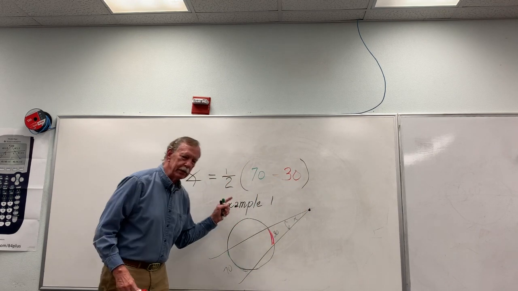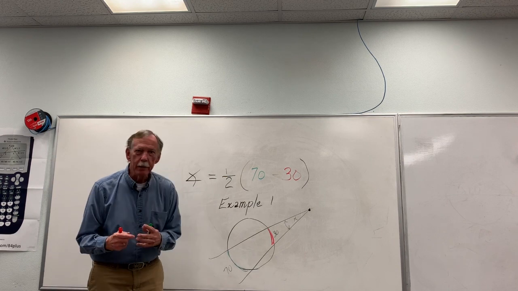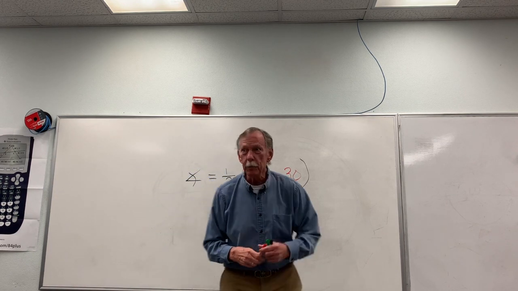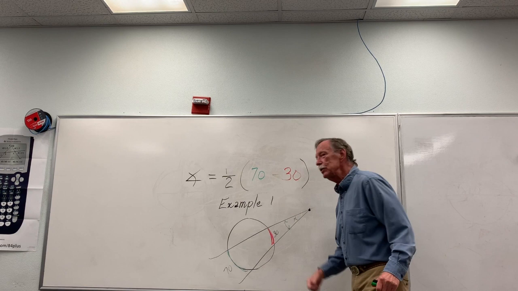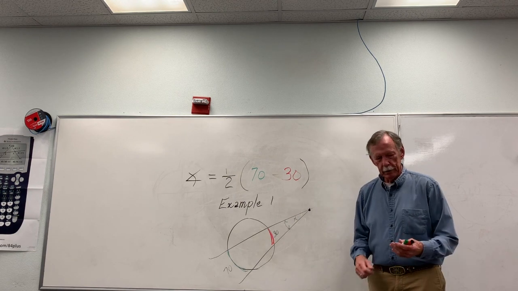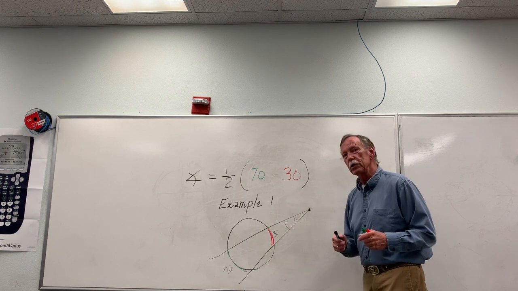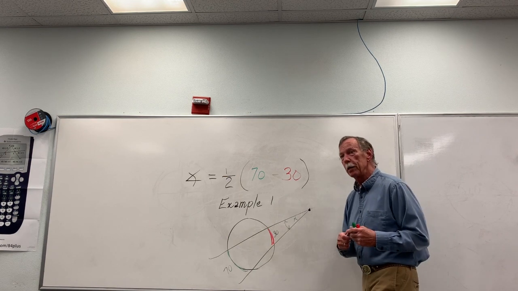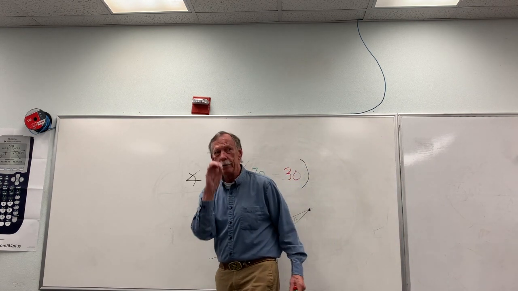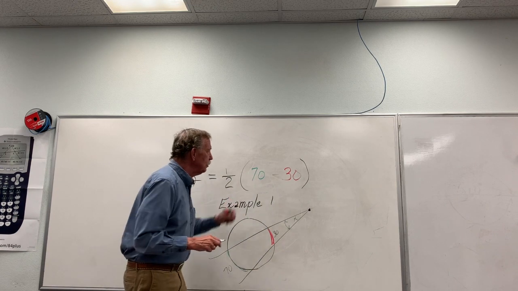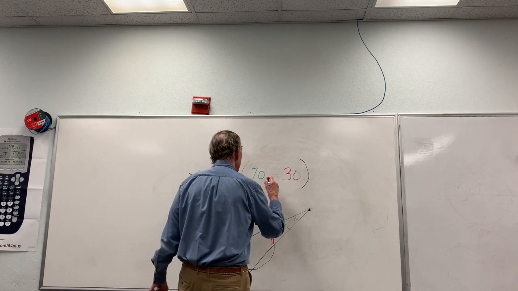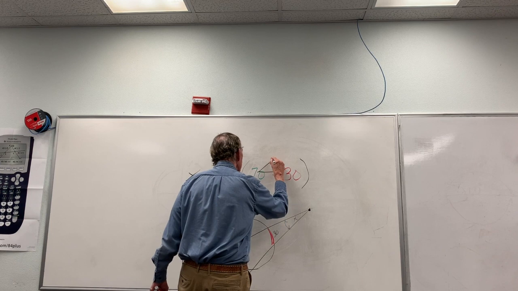Now, quickly, can somebody tell me, anybody, is there anybody out there who can tell me what 70 minus 30 is? Well, if you do arithmetic, you're going to come up with the same number I come up with, and that number is 40. The difference between 70 and 30 is 40.